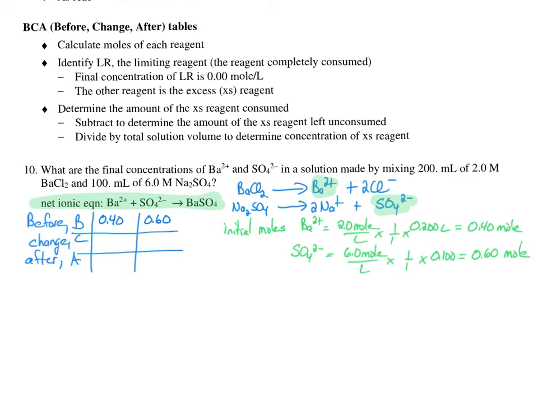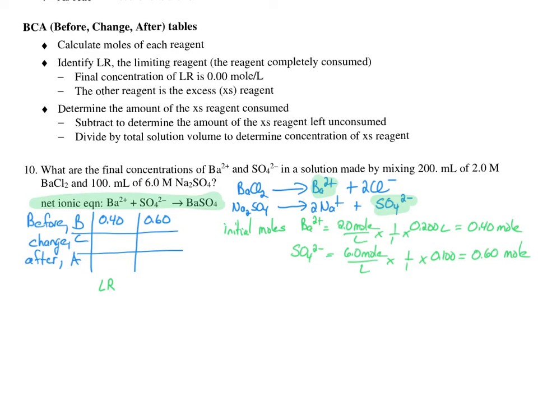Now, as these react, they react completely until one of the reagents is consumed. And we can see by inspection here that the barium is going to be the limiting reagent. That's because it's a 1-to-1 mole ratio, and there's less barium than there is of the sulfate ion.